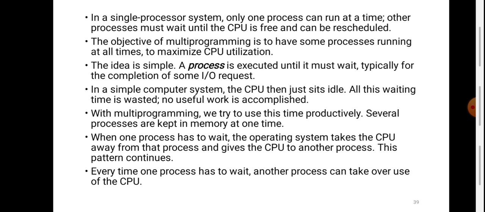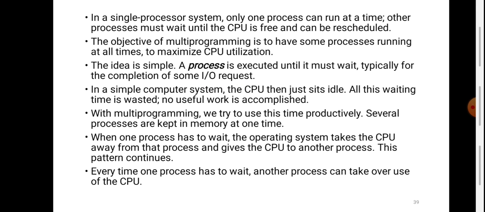Right now the process is using the CPU, but after some time the process may want to use input output devices. If those devices are busy with other tasks, that process has to wait for the input output request.